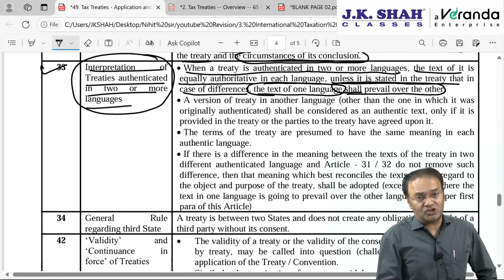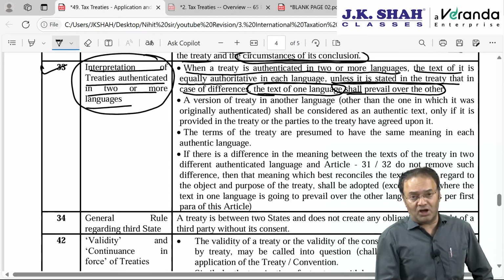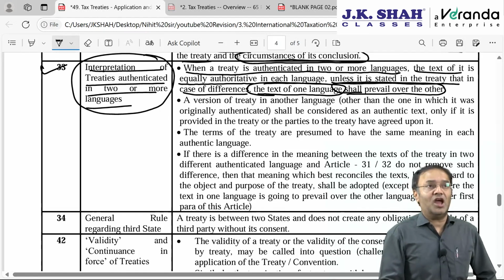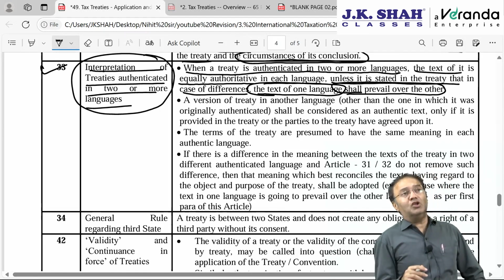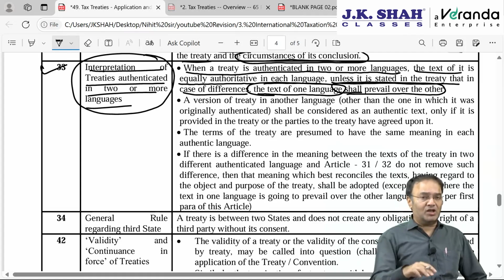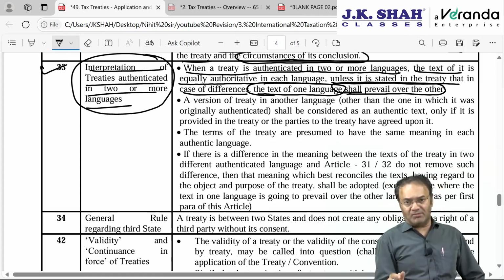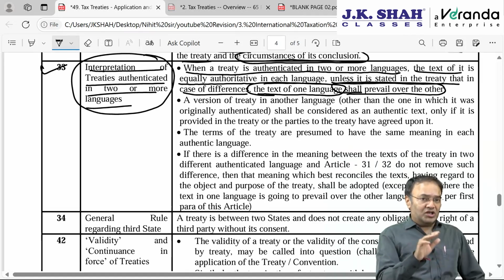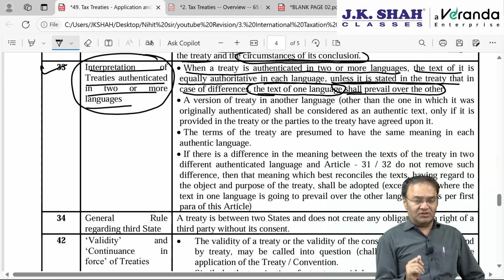However, in case they wish to enter into a treaty in another language, come out with another version, say India and, let's say, Malaysia, originally it is in English and the Malaysian language.